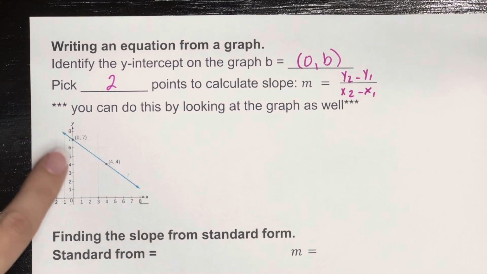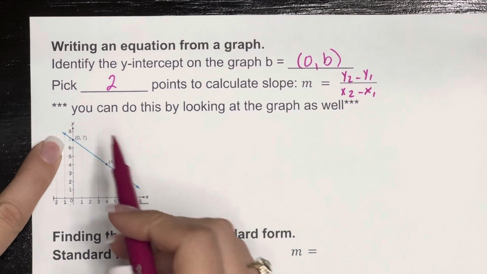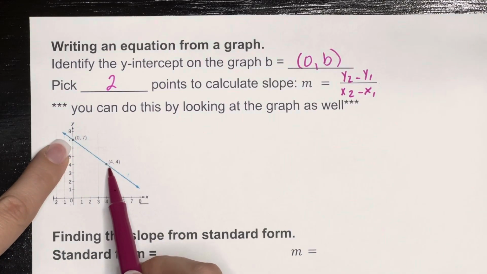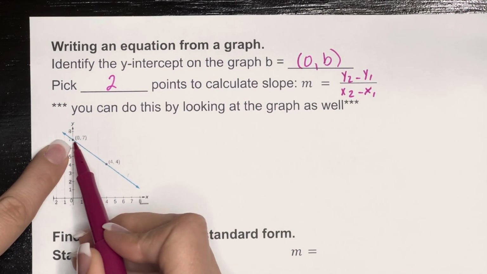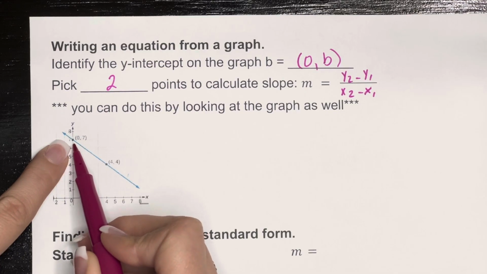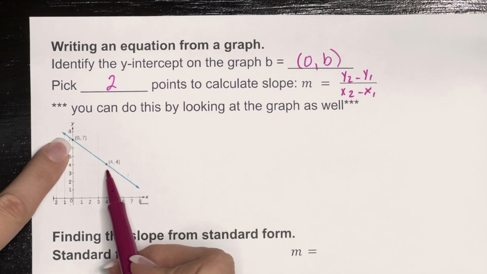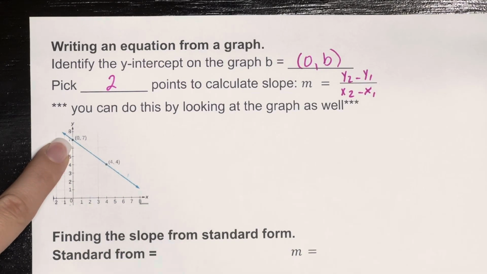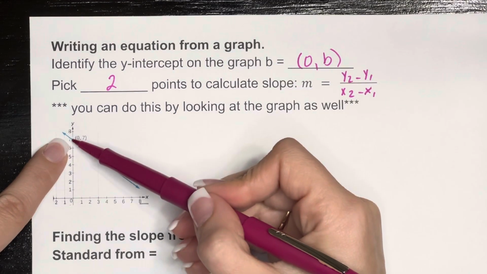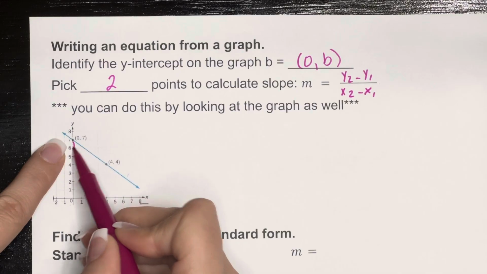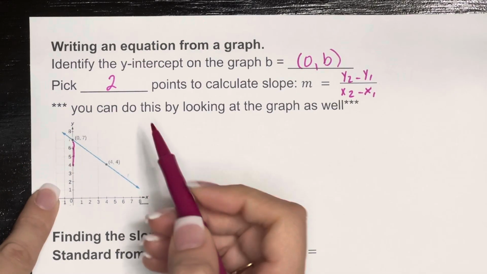Okay, before we do that, I'm going to show you an easier way to find the slope. So here, we've got our 2 points already labeled, okay? How many units do I need to move up or down to get from this point at (0, 7) to this point at (4, 4)? So I'm just moving straight down, not in a diagonal, just straight down. So to get from here in line with this, I'm going to go down 1, 2, 3 units.